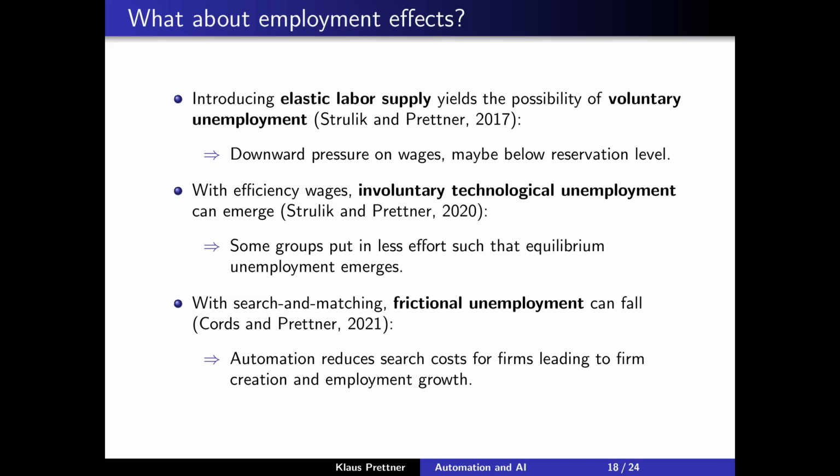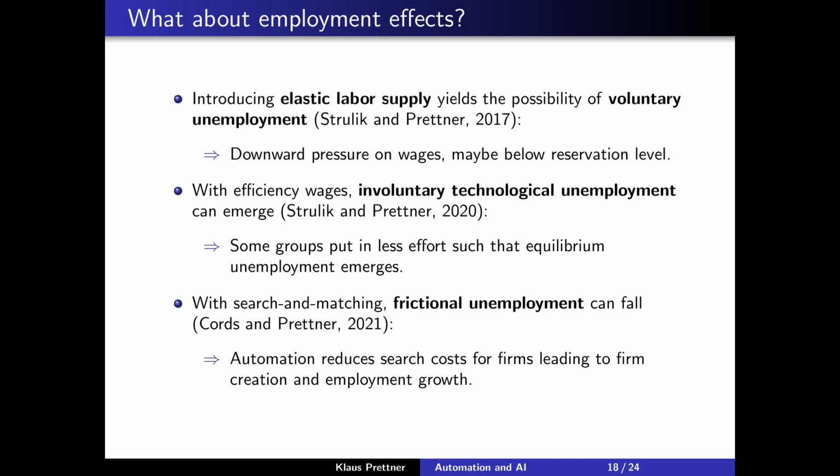What we show in a paper with Dario Kortz in 2021 in Oxford Economic Papers is that the low-skilled workers would be substituted for by the robots, but at the same time that would increase efficiency of matching, so high-skilled workers would benefit in terms of employment opportunities. Under certain circumstances, depending on the parameter values and therefore on the setting of the country under consideration, the number of low-skilled workers who lose their jobs could be much less than the number of high-skilled workers that gain jobs in equilibrium. So you could have a reduction in unemployment overall due to automation.